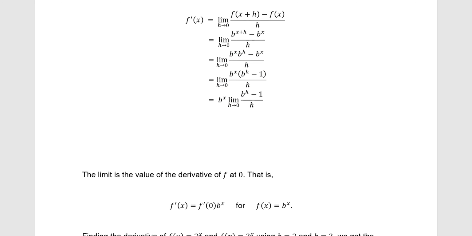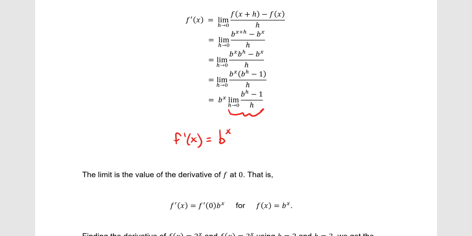So what we got is that when we took the derivative of f of x equals b to the x, we got f prime of x equals b to the x, which is itself, and then we get this other portion right here. That limit value is actually the derivative of the function evaluated at 0.